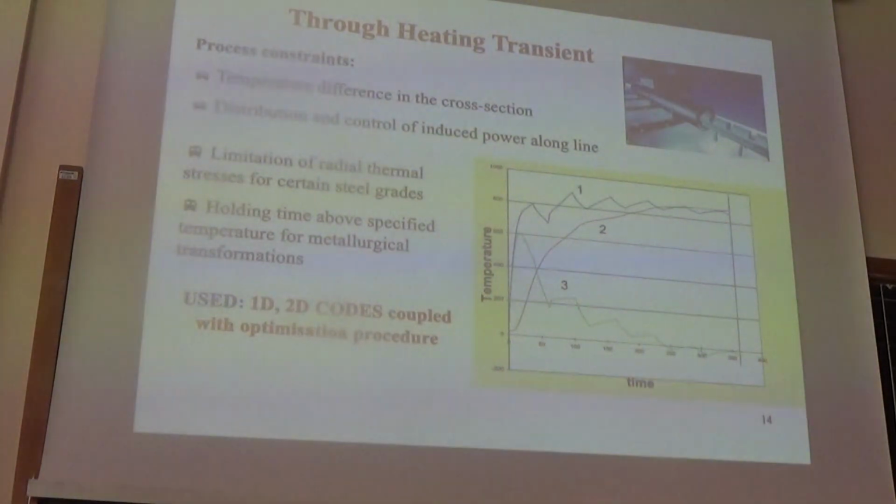For example, there are some special steels that need to maintain a temperature above 1200 degrees for solubilization or some other heat treatments. So we have to take into account all these specifications.